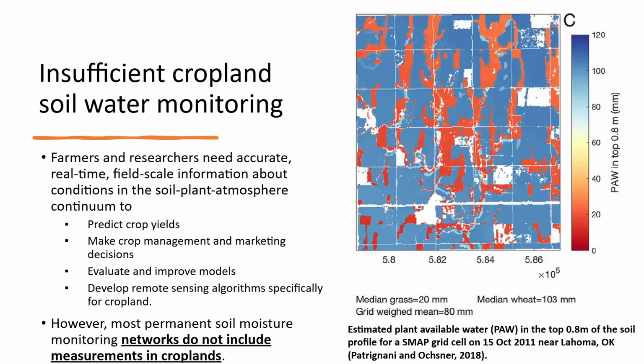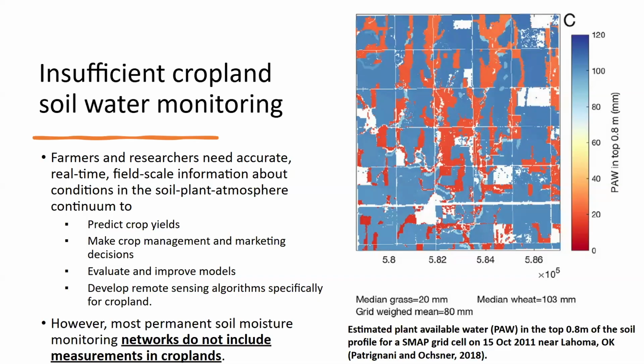And so, just an example of why that might be a bigger deal than you might think it is. This is some of Andres's earlier work here. This map is a calibrated model that is showing modeled soil moisture conditions across one SMAP grid cell, one of these 36-kilometer grid cells we've been talking about.